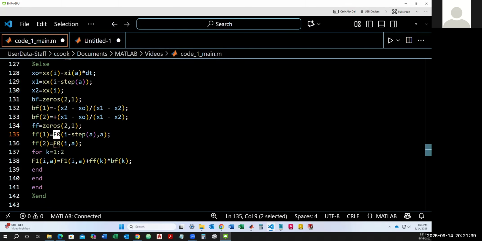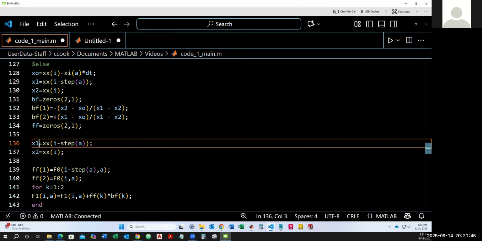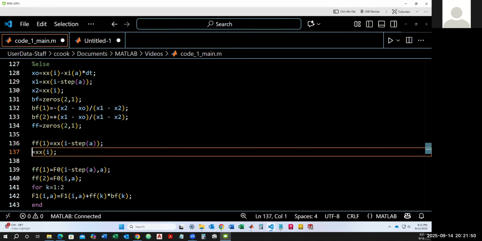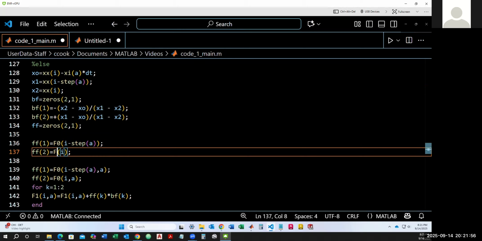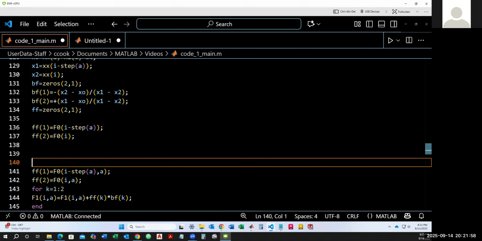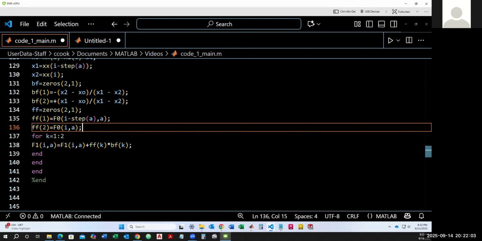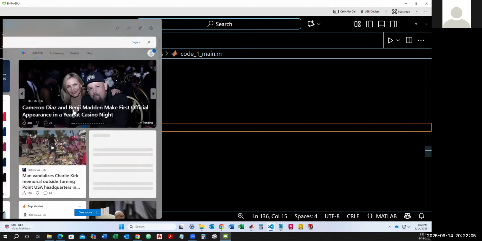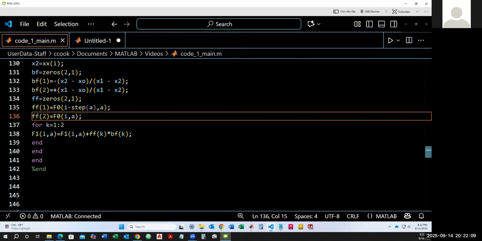So what you can do is you take X1 and X2, copy and paste it, place that with, right, FF1, FF2, okay, and then this will be F0. And then I will sum.